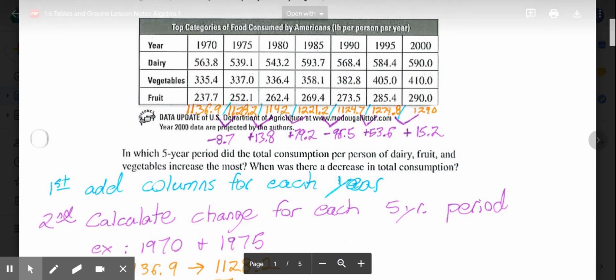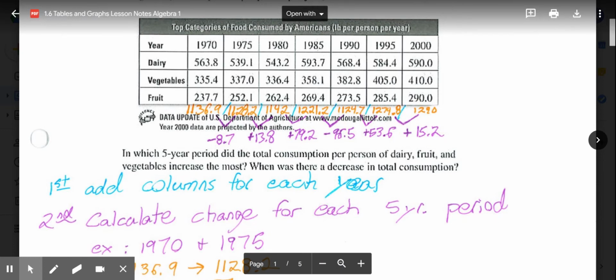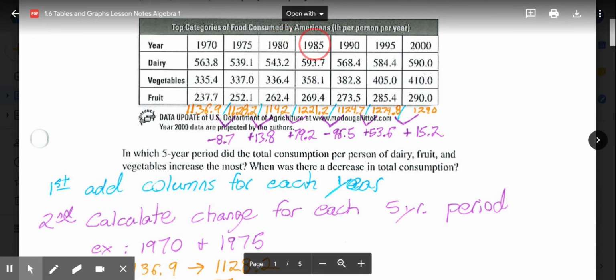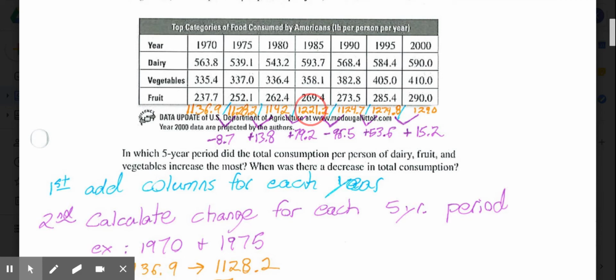So then if we were going to do 1975 to 1980, we would take the 1980, 1142, minus the 1975, 1128.2, and that gave me an increase of 13.8. Then 1980 to 1985, take 1985, the 1221.2, minus 1980, 1142, and we get an increase of 79.2.